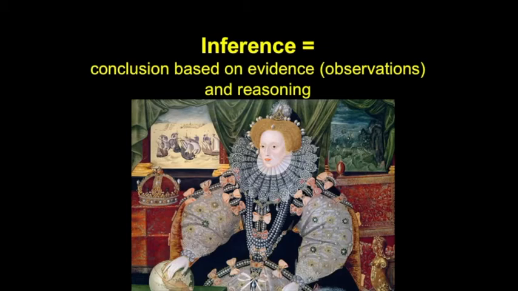Pause the video once more to take a moment to use your powers of analysis and reasoning to record some inferences about the observations that you made. Feel free to combine multiple pieces of evidence or observations to make a single inference based on them.